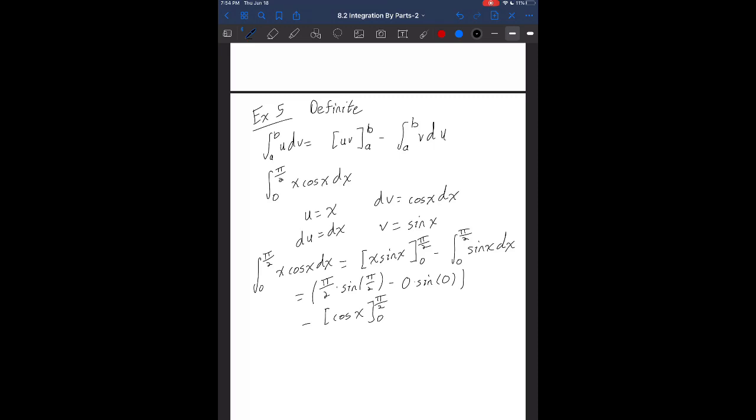Okay, if you remember back to your unit circle, sine of 0 is 0, and sine of pi over 2 is 1, so this will become 0, multiplying 0 by 0.